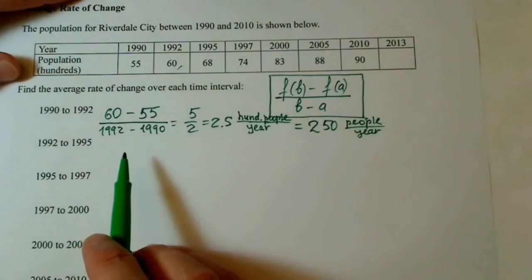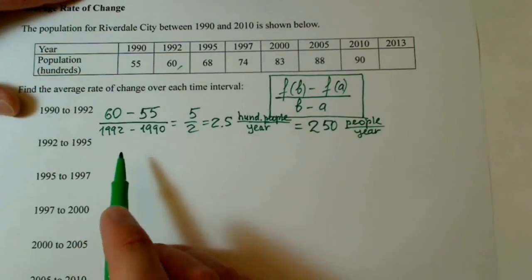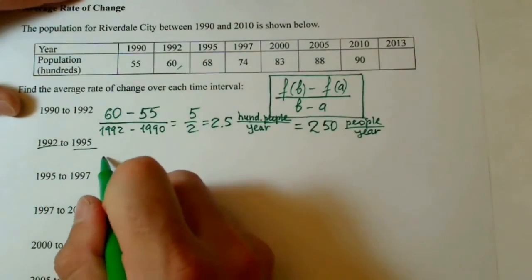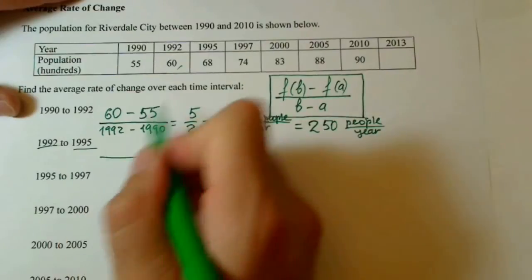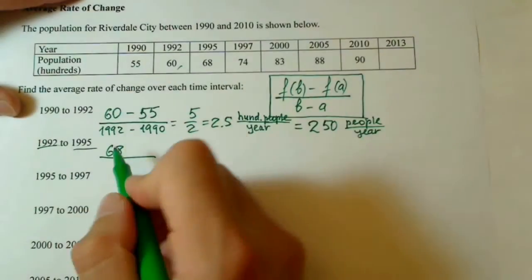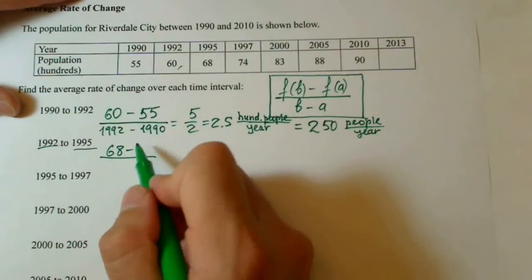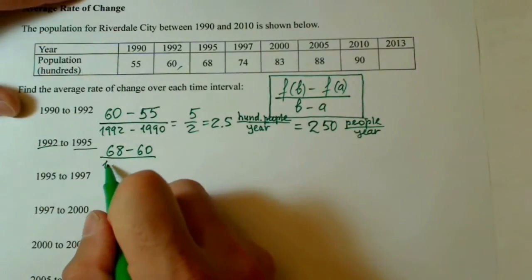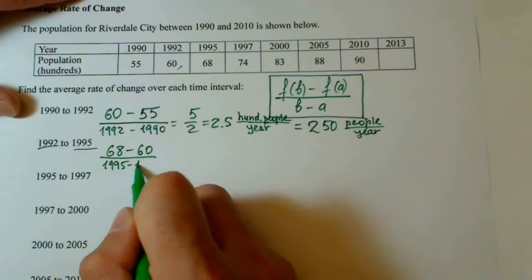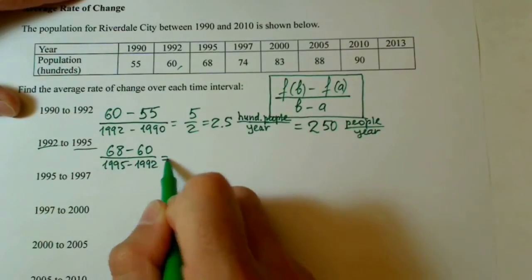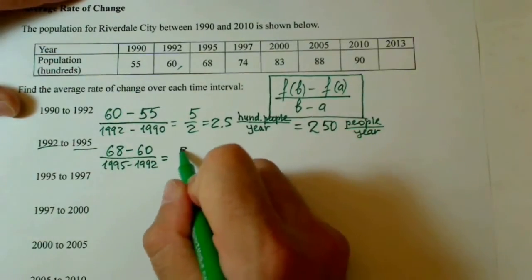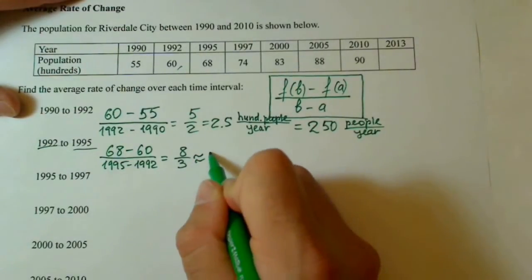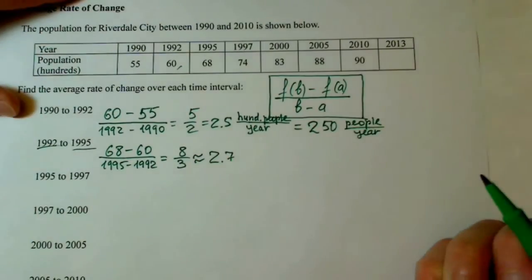And next one, time interval 1992 to 1995. Again, change in output, which is 68 for 1995 minus 60 in 1992, over change in input, 1995 minus 1992, and we have 8 over 3, which is approximately 2.7.